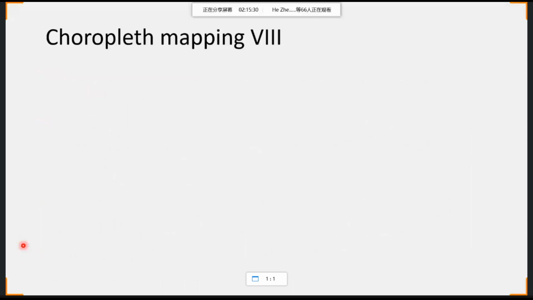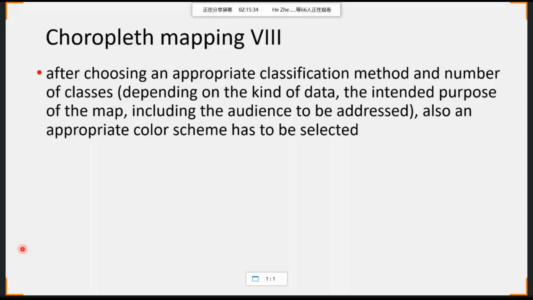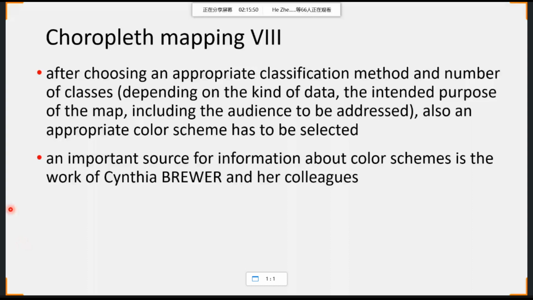After choosing an appropriate classification method and number of classes, depending on the kind of data, the intended purpose of the map, including the audience to be addressed, also an appropriate color scheme has to be selected. An important source for information about color schemes is the work of Cynthia Brewer and her colleagues.